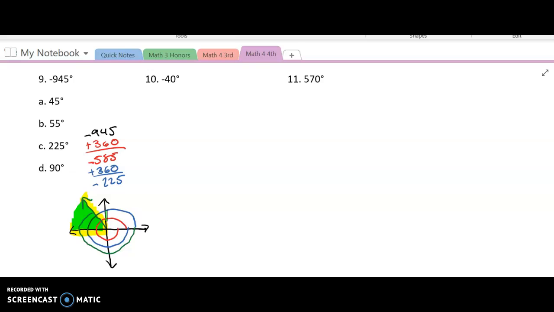So what I'm going to do here is make it so our negative 225 is between 0 and 90. Okay, so I'm going to add 90 until it is between 0 and 90. So we have our negative 225.